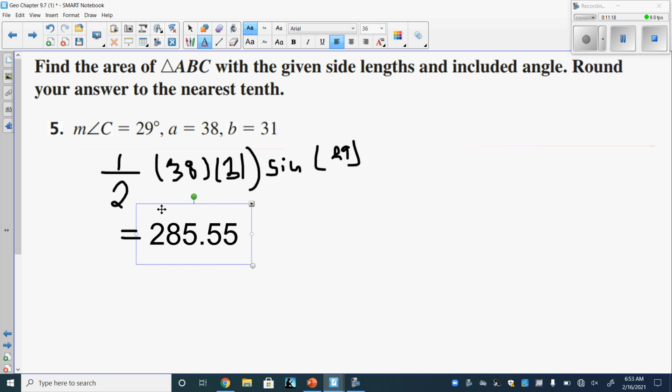And again, since we're rounding to the nearest tenth, 0.55 would round up to 0.6. And that's all we have to do for this one. So that would be our answer. And that's it.